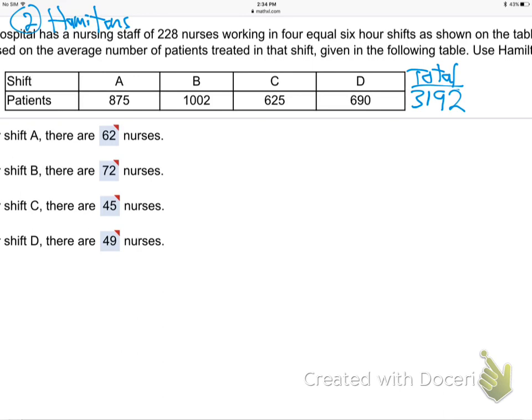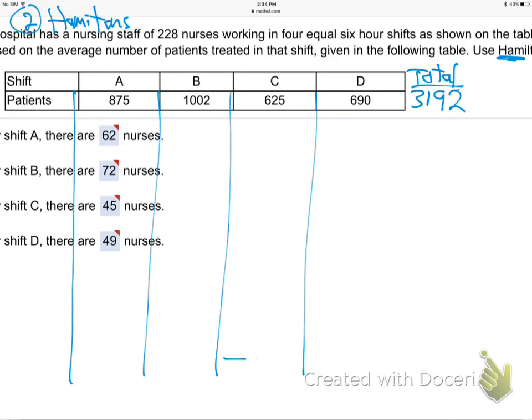They want you to do this whole problem with Hamilton's method, and the answers are already there for you, but see if you can get those answers and see if you remember Hamilton's method.